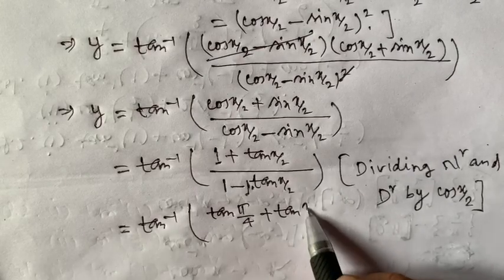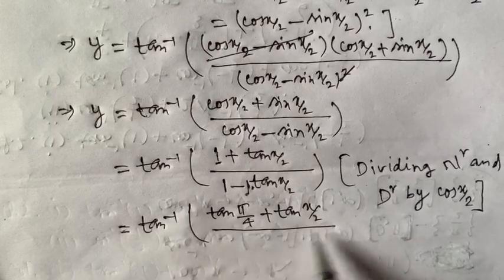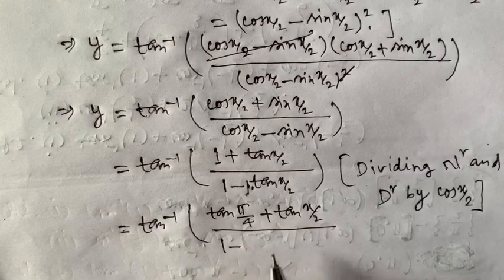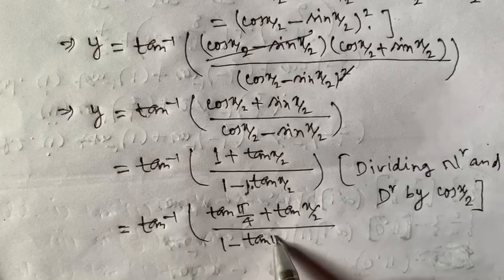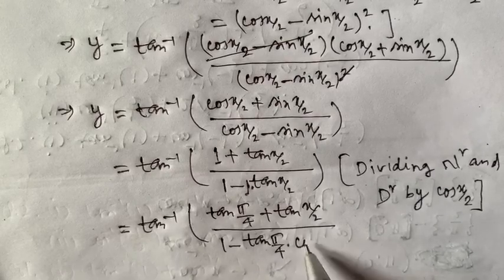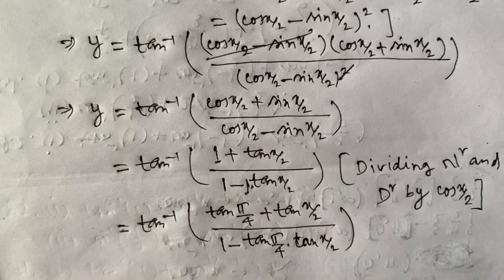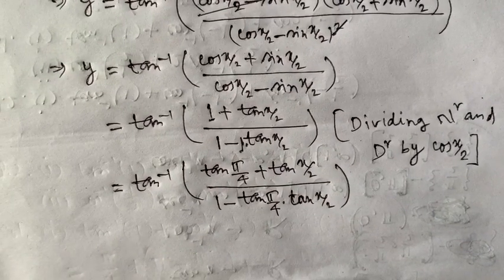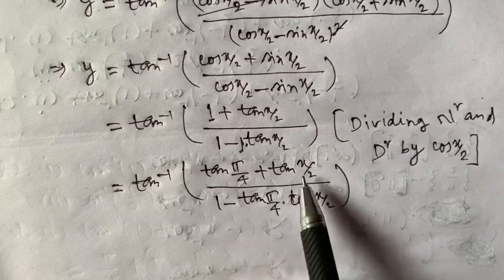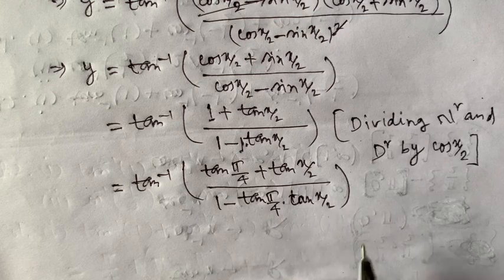Tan pi by 4, it is tan x by 2 upon 1 minus, now this 1 can be written as tan pi by 4 into tan x by 2, and now it is the formula for tan a plus tan b upon 1 minus tan a tan b, which is the formula for tan a plus b.